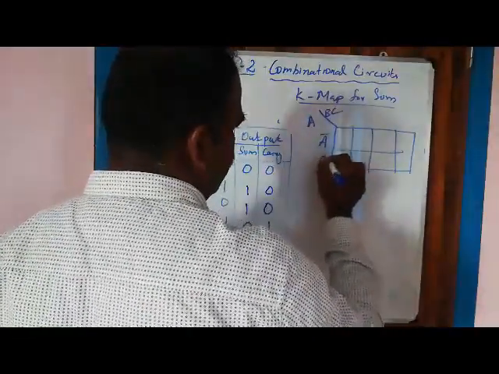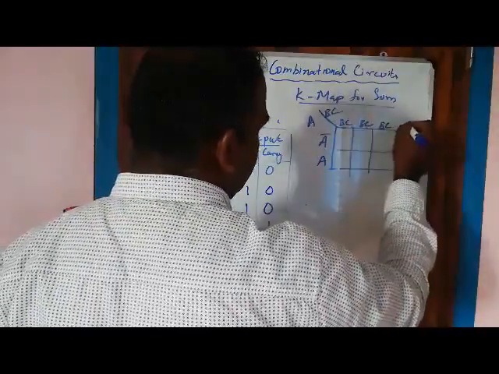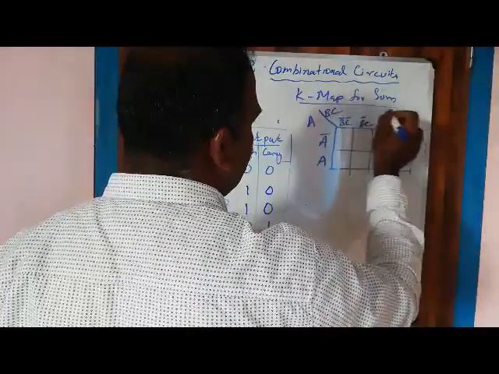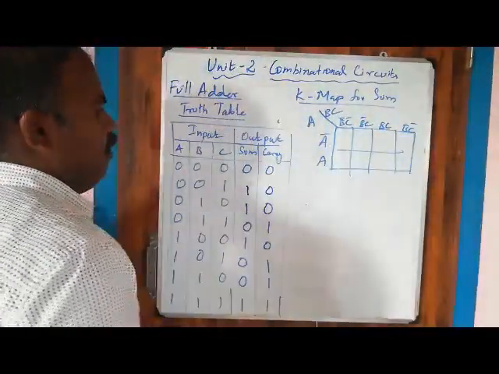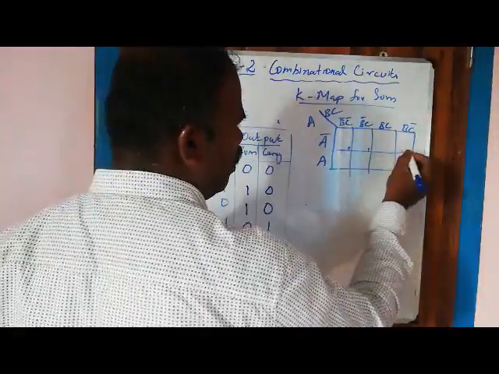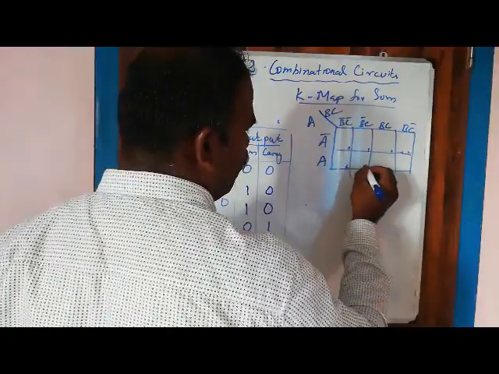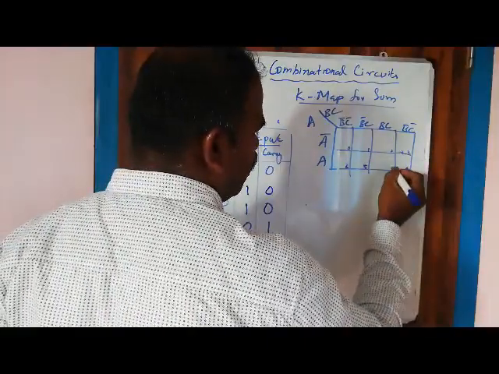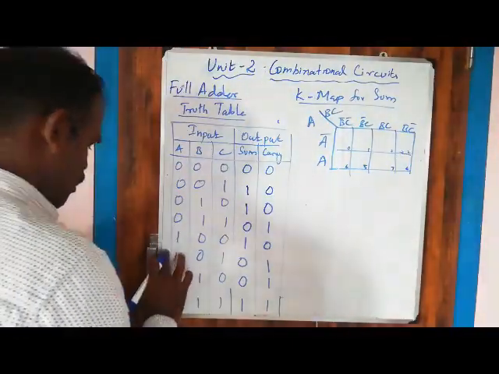So A bar, A, then B bar C bar, B bar C, B C, B C bar. We can use minterm places also. This is 0, this is 1, this is 2, this is 3, this is 4, 5, this is 6, this is 7.